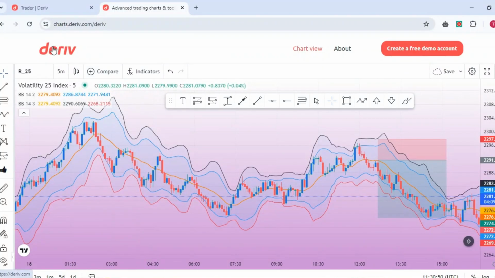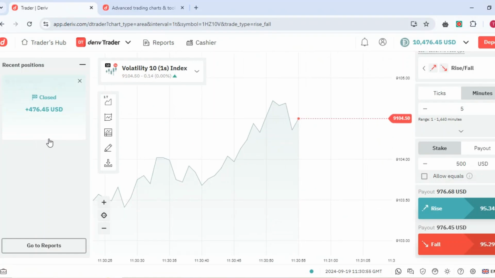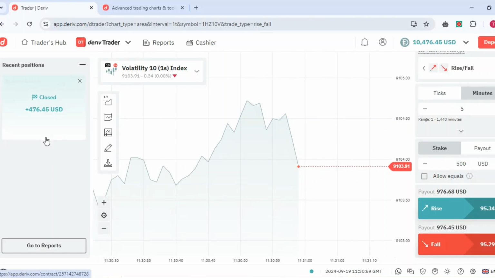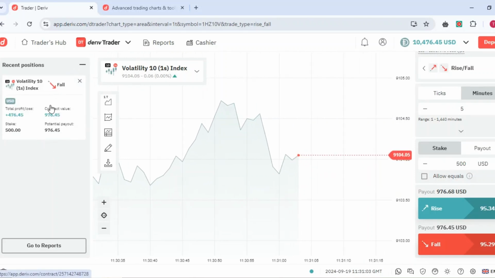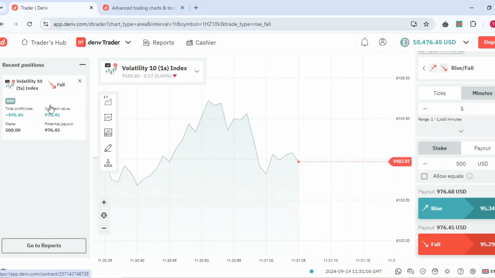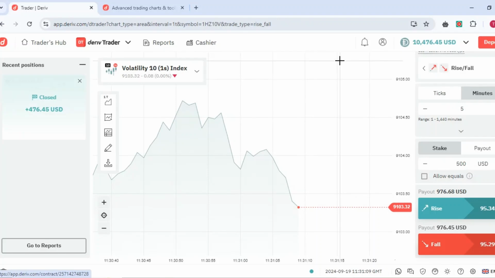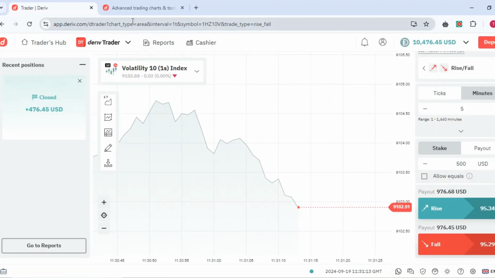And let's go back. Maybe we can stop the sell. You see, we won that trade. We won that trade. Our 5 minutes candlestick has come to an end.